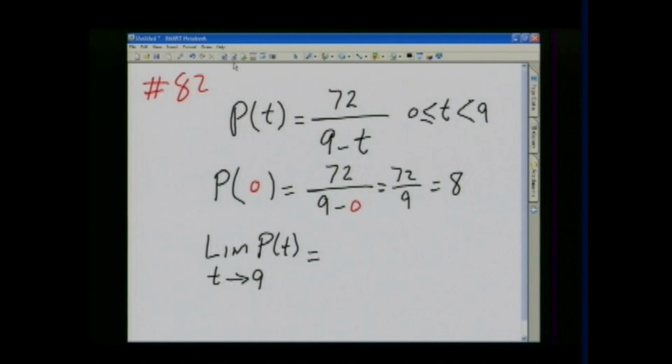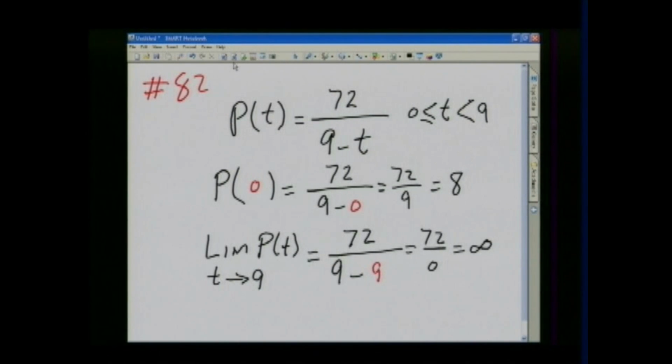That would be equal to 72 divided by 9 minus 9. So what you would have here is 72 divided by 0, which is basically infinity. So as t approaches 9, the population of rabbits approaches infinity.